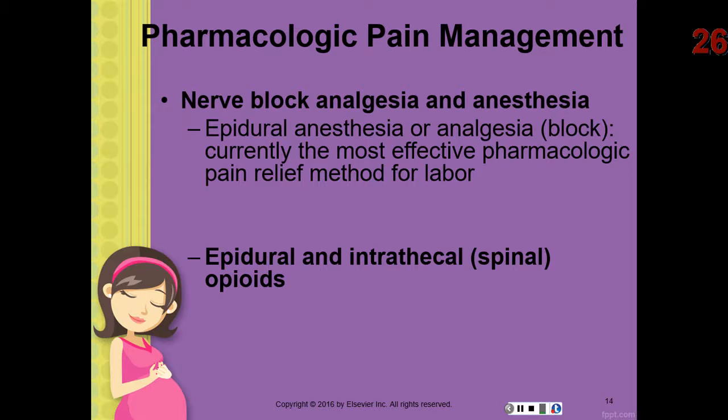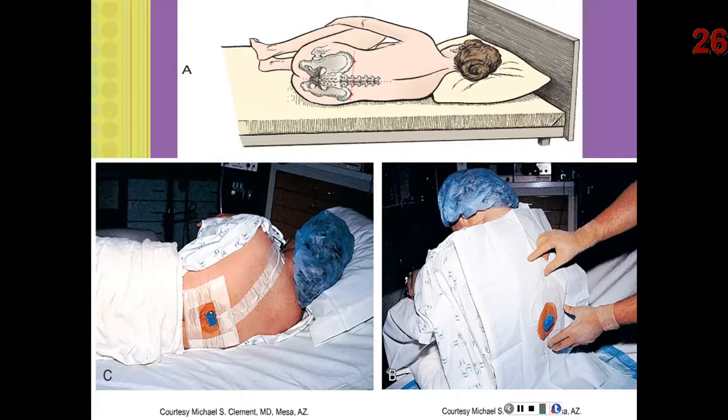So we do see these a lot. I have a picture of what it looks like. Sometimes the physician will have mom laying on her side. She has to curl up so that it opens up that little space in between the vertebrae. Or she can be sitting up. Now, unfortunately, mom still has contractions while she is having this done.